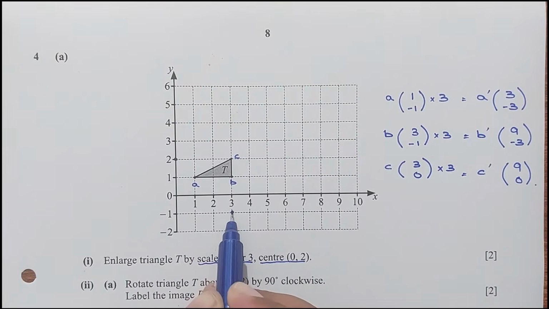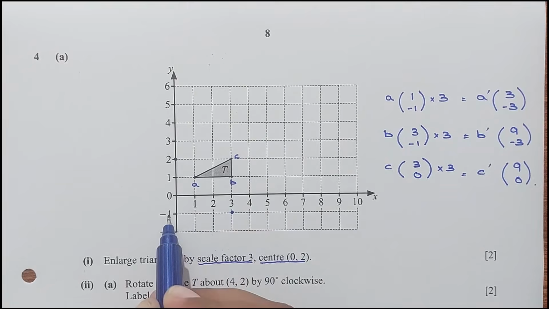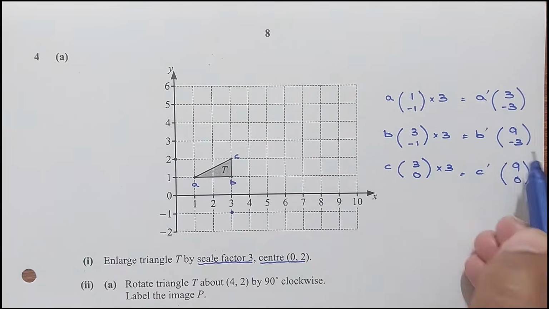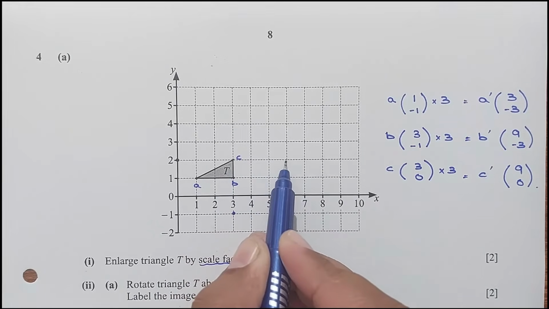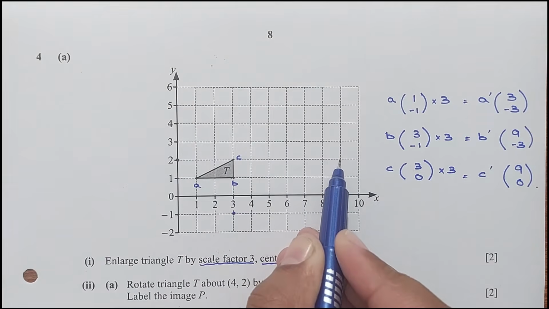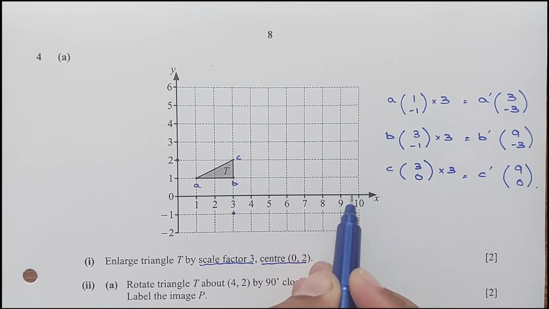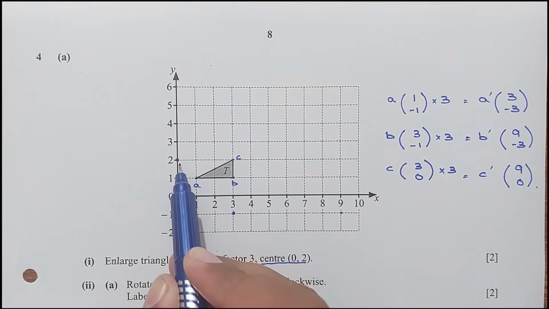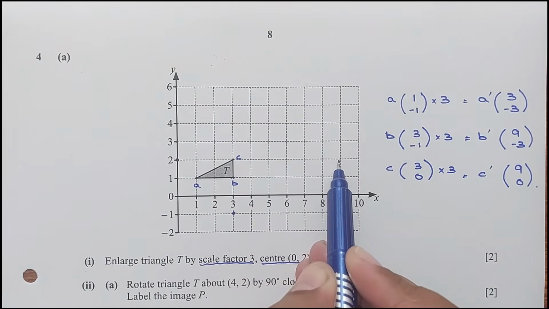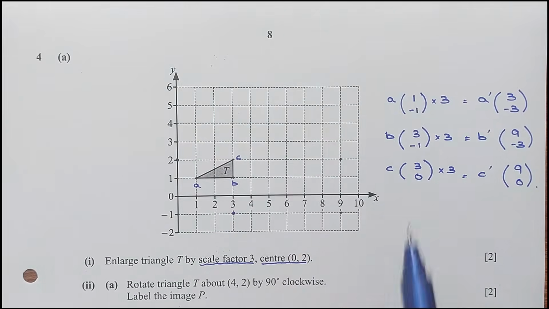This is the coordinate A, which is 3, minus 1, right? Now for 9, minus 3, so 1, 2, 3, 4, 5, 6, 7, 8, 9. And 3 down, 1, 2, and 3, which is 9, minus 1, right? The next is 9, 0. So 9 units to the right, which is just this point, right?